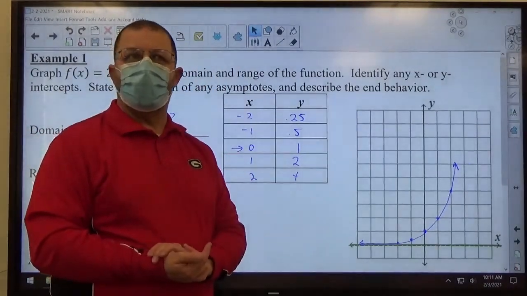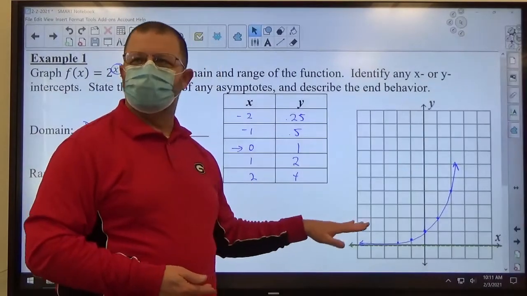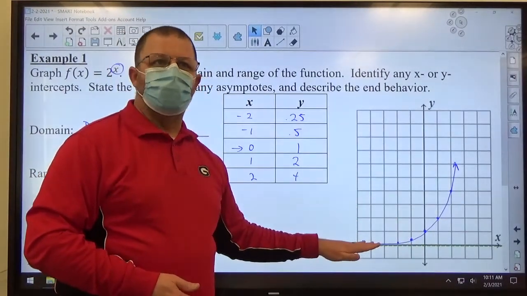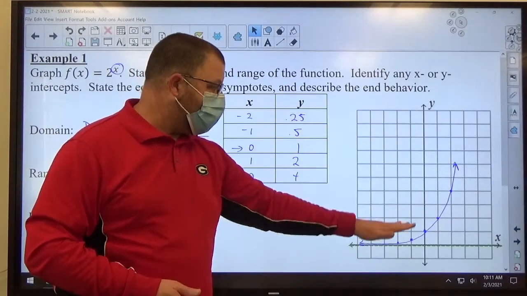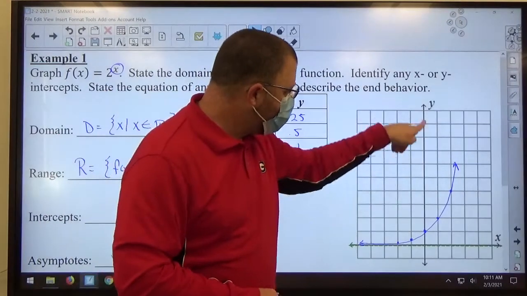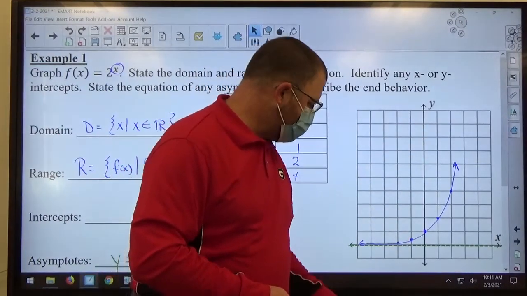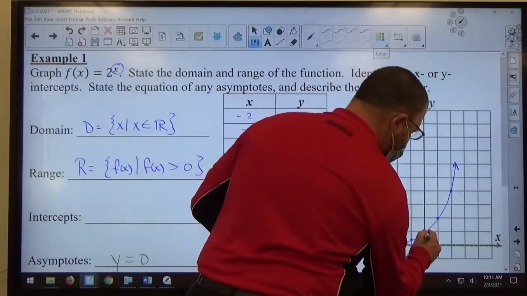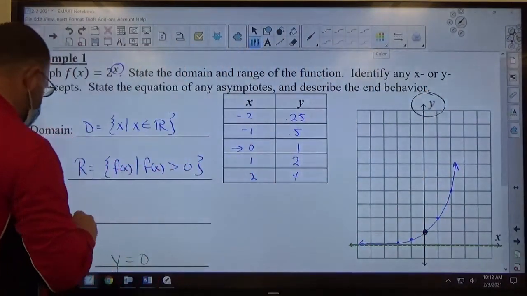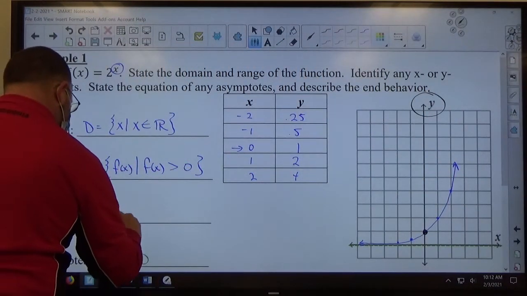That's possible, but in this specific case, a lot of times the asymptote is y equals 0. If the x-axis is the asymptote, the graph can't touch it, but the y-intercept is (0, 1). This point right here is where the graph crosses the y-axis. So the intercept is (0, 1).